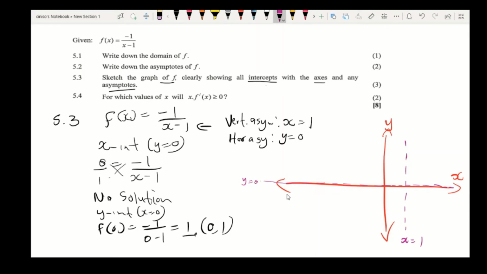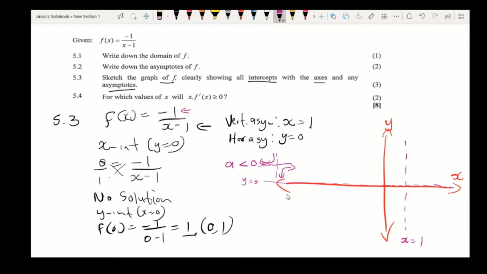So now, because the a value is less than 0, our shape will be in the second quadrant and the fourth quadrant. As you can see there, it's negative 1, meaning that a is less than 0.